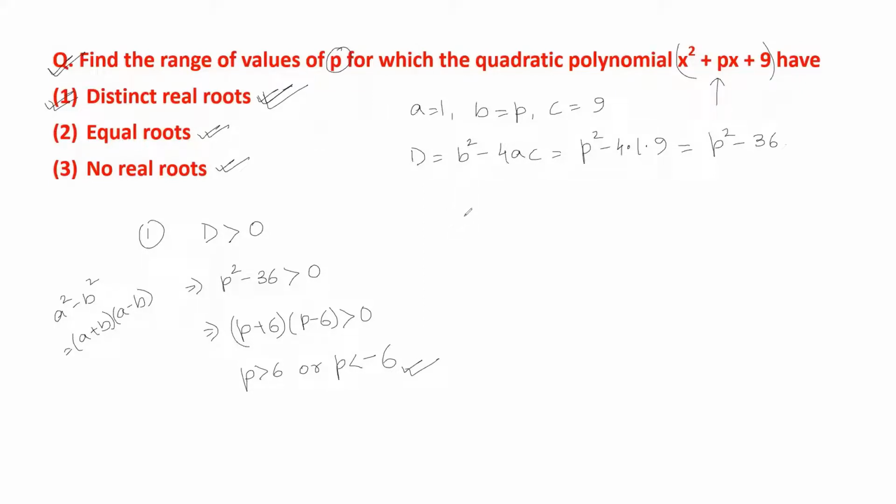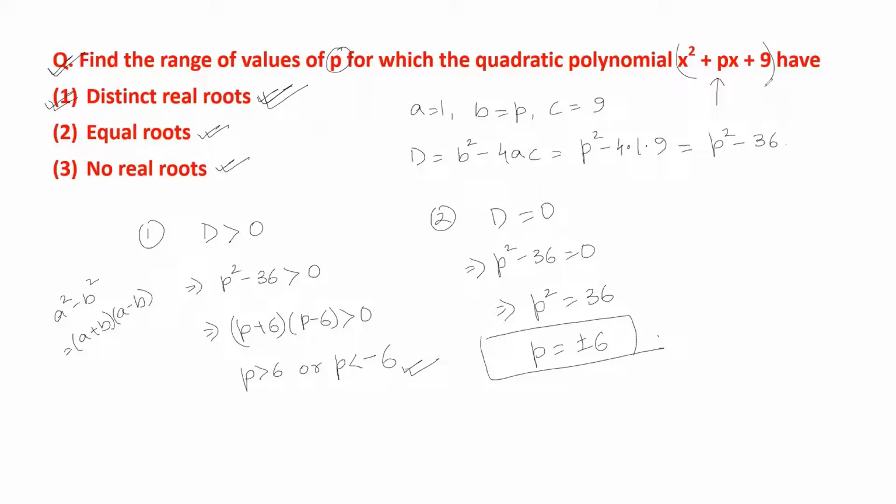In a similar way, for the quadratic polynomial x square plus px plus 9 to have equal roots, the discriminant D would be equal to 0. So that means p square minus 36 would be equal to 0, or p square would be 36, which will give us p to be plus minus 6.